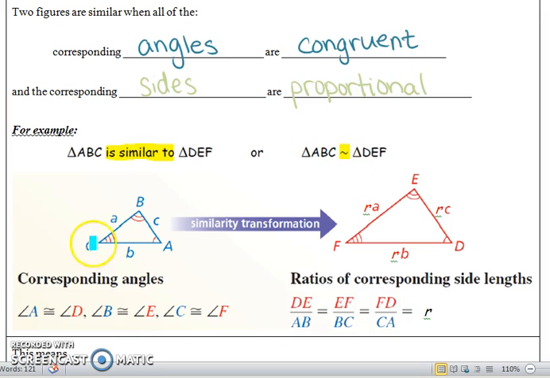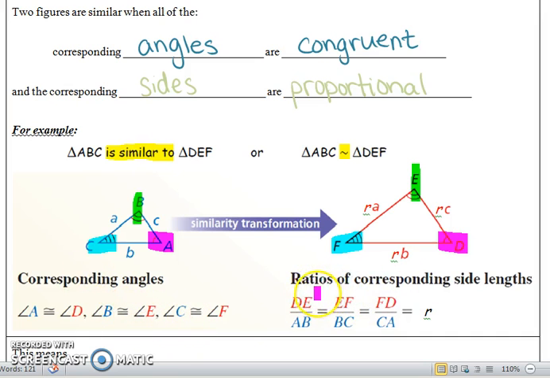So let's look at the angles. Angle C is congruent to angle F because those are corresponding, they're in the same spot. Angle B in this triangle is congruent to angle E in this triangle because they're corresponding and they're in the same spot. And angle A in this triangle is congruent to angle D in the other triangle because they are in the corresponding spots. So that's what it says down here. Those list all of the pairs of congruent corresponding angles.